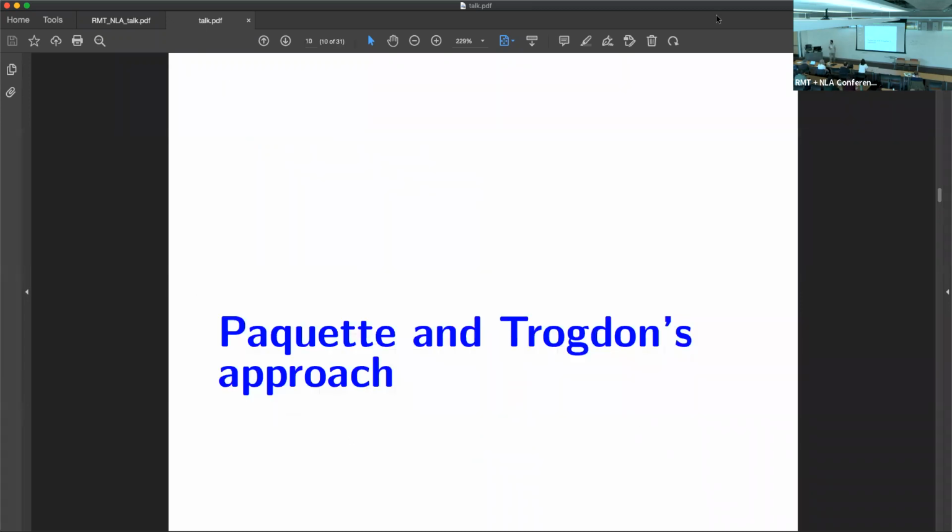Before going to our approach, I want to first introduce another approach, which tries to understand the universality of the CGA algorithm. Don't forget we are trying to understand the orthogonal polynomials and, as a consequence, we can study this algorithm, but there already exists a method to study CGA for certain random matrix models.